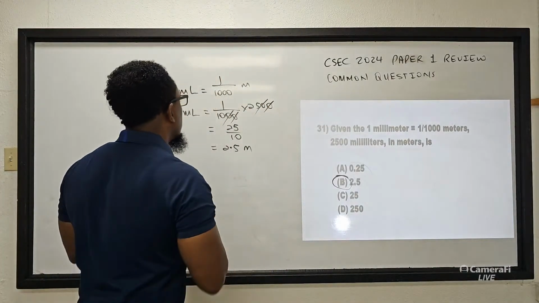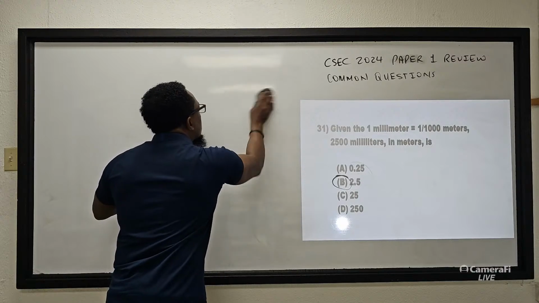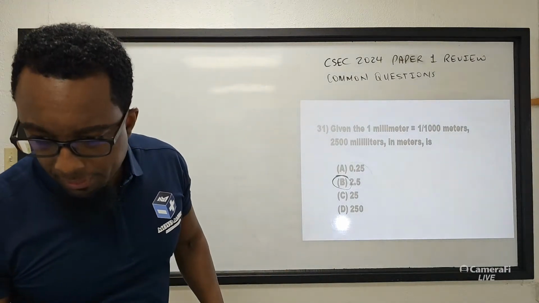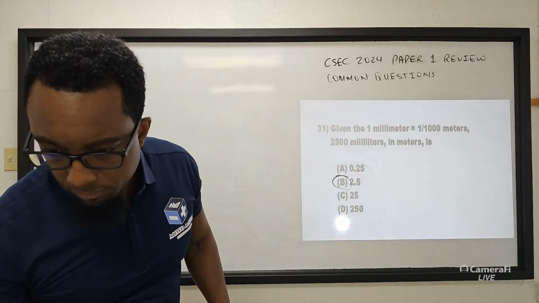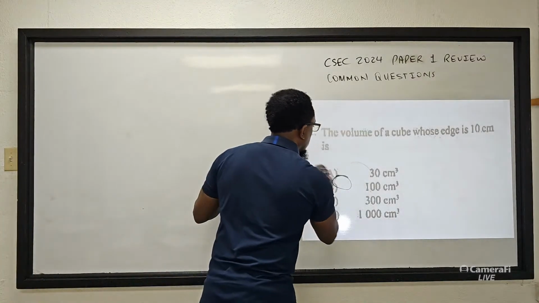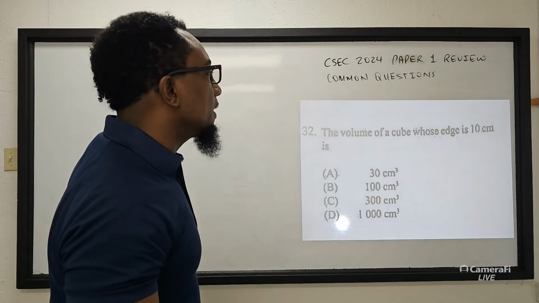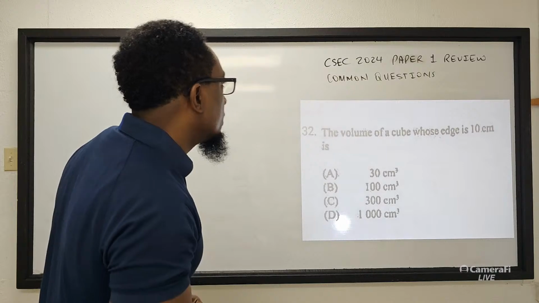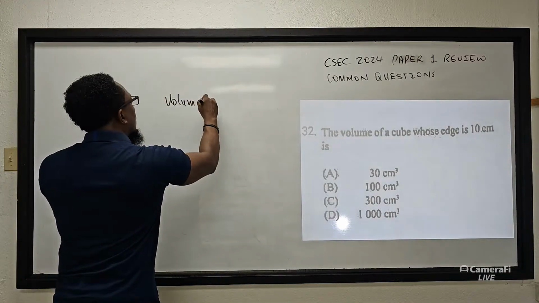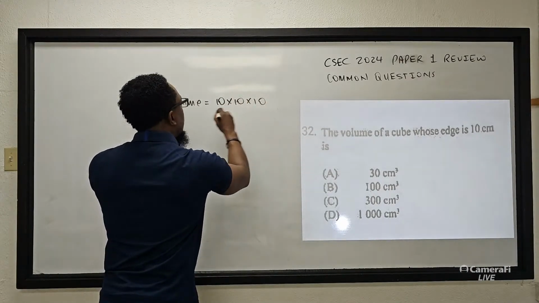So let's look at the next, 32. The volume of a cube whose edge is 10 centimeters is, so for 32, the volume of your cube is going to be what? 10 by 10 by 10.